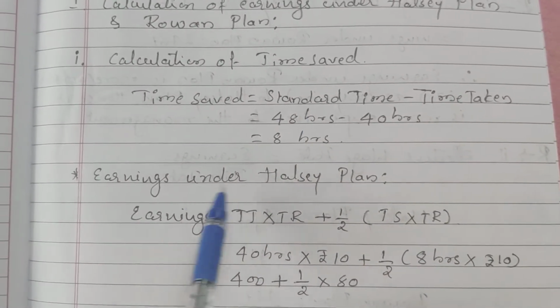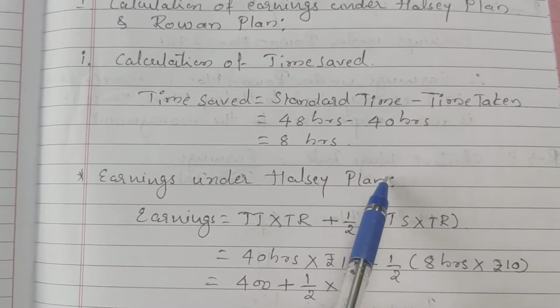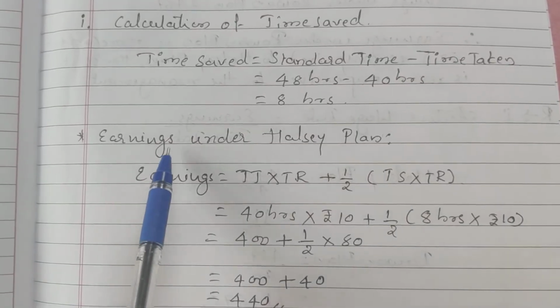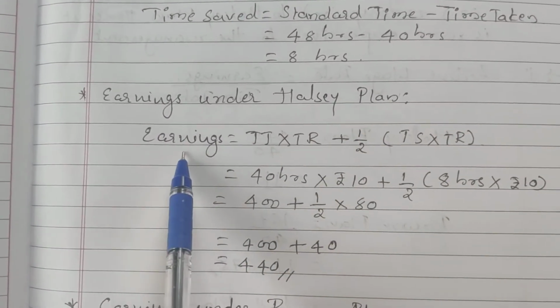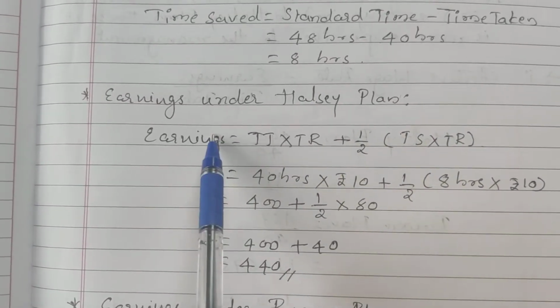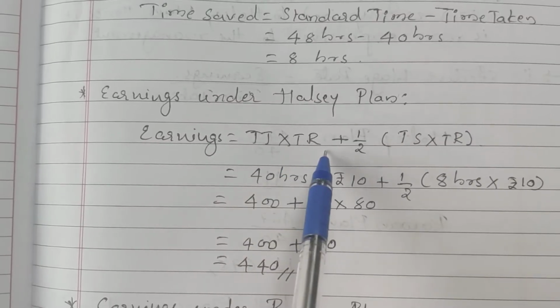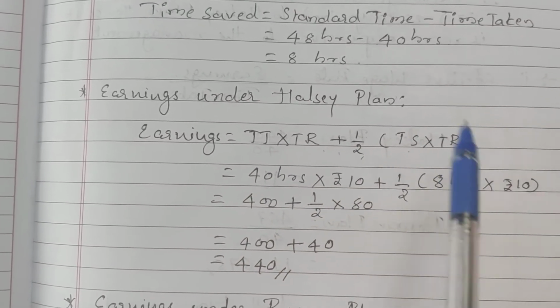Second step is to calculate the earnings under Halsey plan. Under the Halsey plan, earnings are calculated with this formula: time taken into time rate, plus half of time saved into time rate.